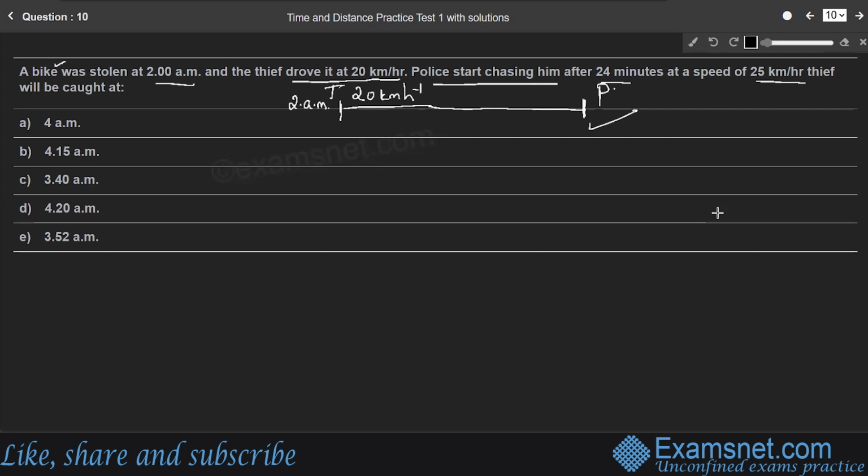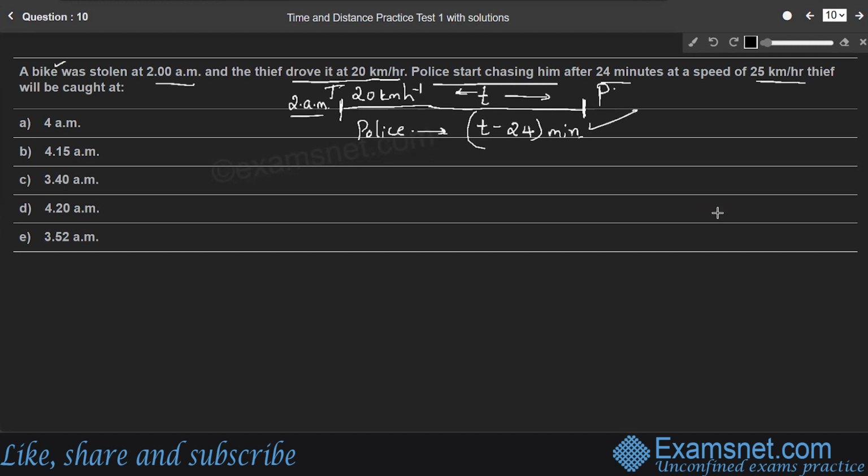For that, if thief takes the time T minutes to reach point P, police takes only T minus 24 minutes to reach the point P. Are you getting my point? Because police starts chasing him after 24 minutes after he stole the bike, right?